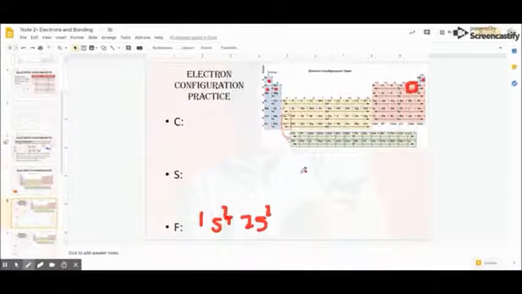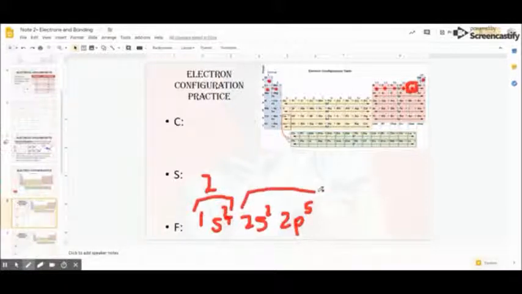Then we go across. We see 2p, and there are 1, 2, 3, 4, 5 boxes labeled 2p. So this would be our configuration for fluorine: 1s2, 2s2, 2p5. In our first energy level, we have 2 electrons. In our second energy level, we have 5 plus 2, so 7 electrons.